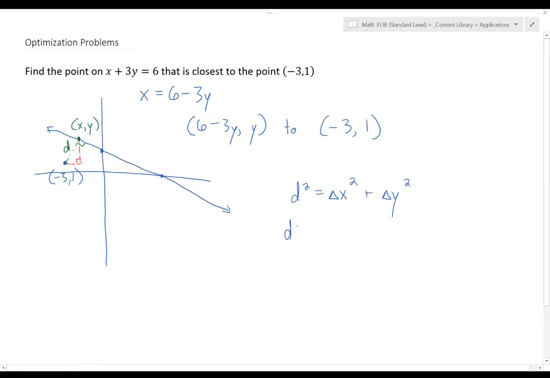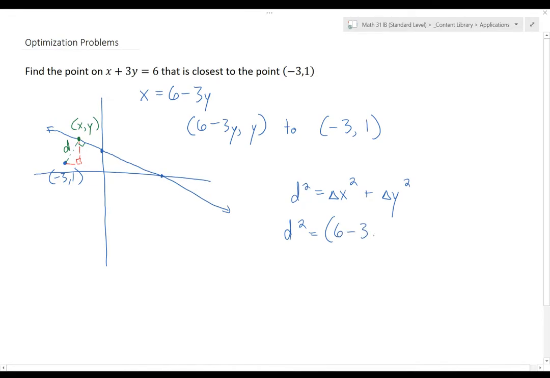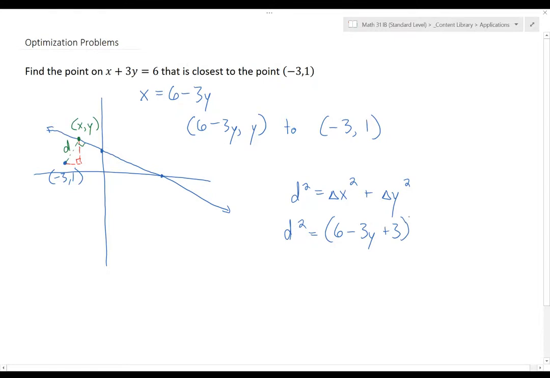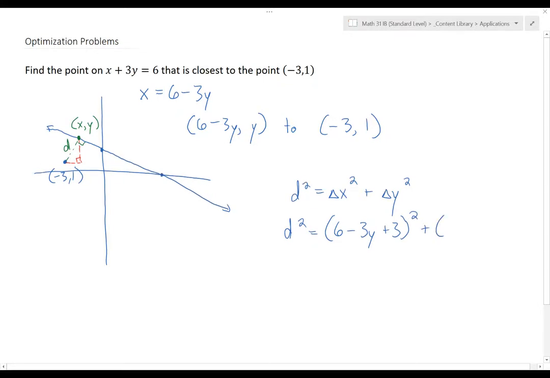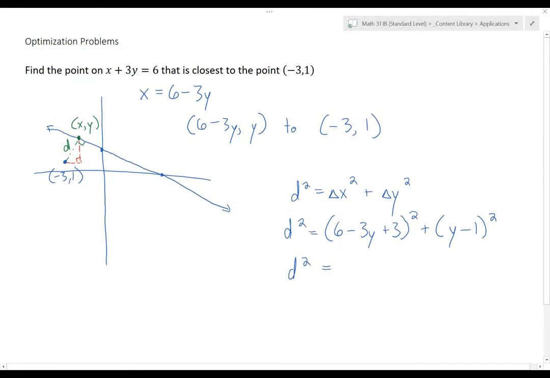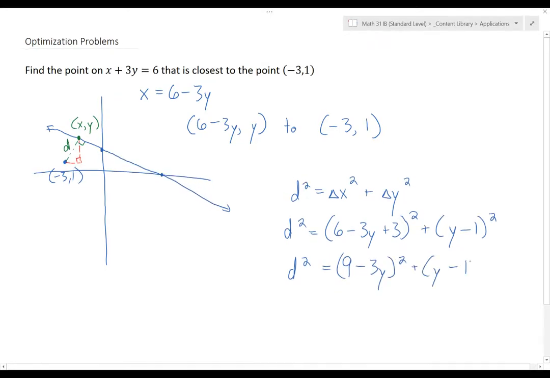That means d squared equals, well, the change in x's is 6 minus 3y minus -3, so plus 3, squared. And the change in the y values is just y minus 1, squared. I'm going to simplify this a little. So d squared equals (9 minus 3y) squared plus (y minus 1) squared.